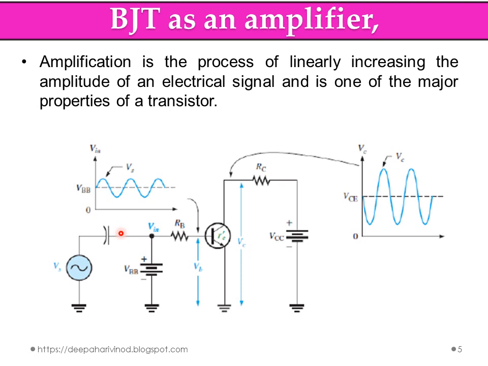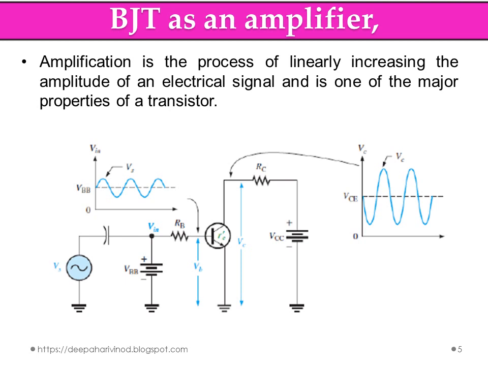A DC bias voltage VCC is connected through the collector resistor RC. The AC input voltage produces an AC base current, which in turn produces a large AC collector current. The AC collector current produces an AC voltage across RC.